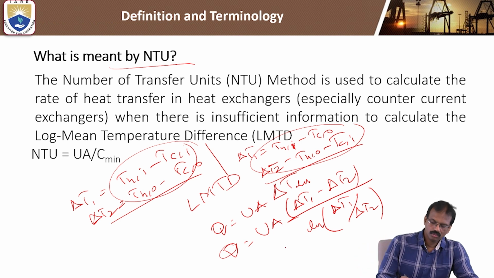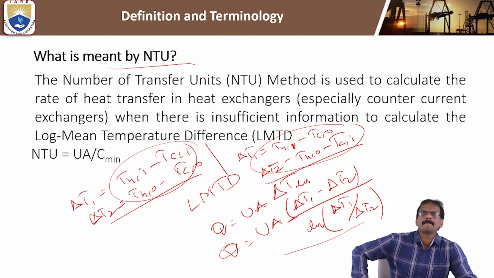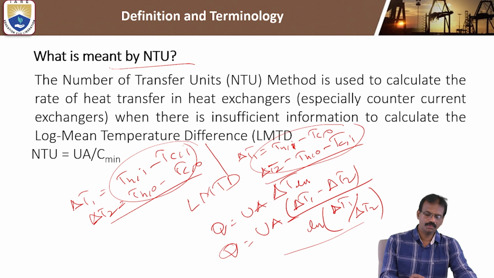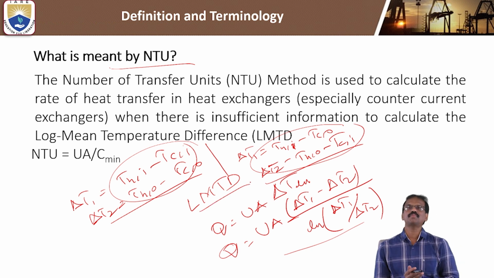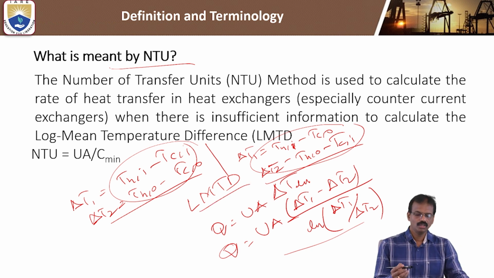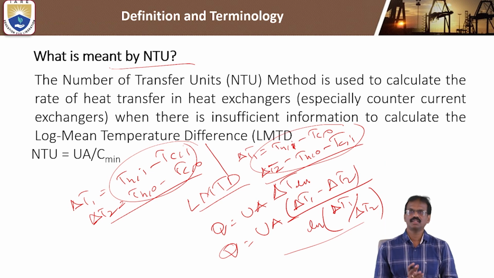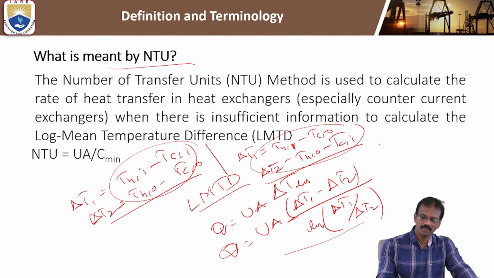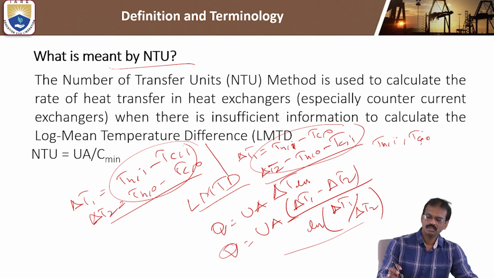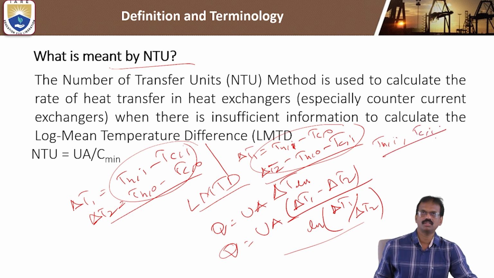Okay. So in that heat exchanger, this is the LMTD method. Suppose in some cases, if the outlet temperatures of both fluids are not given, it means we only know the inlet temperatures, THI and TCI.